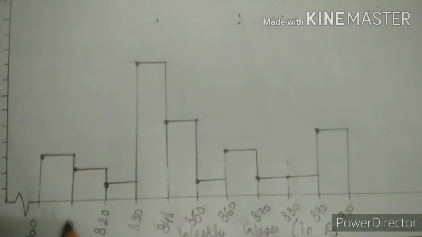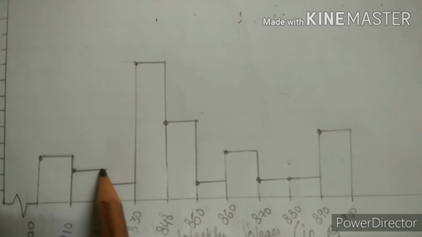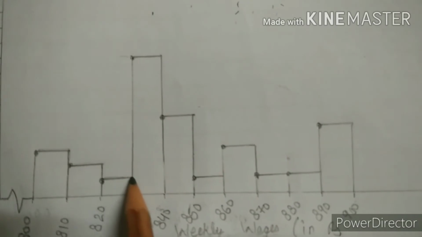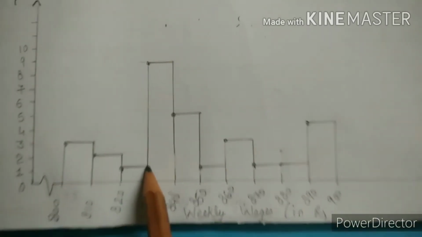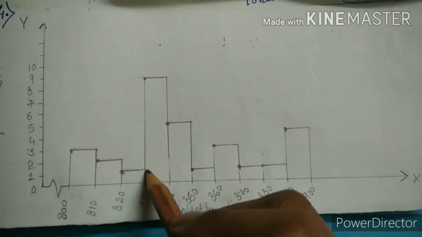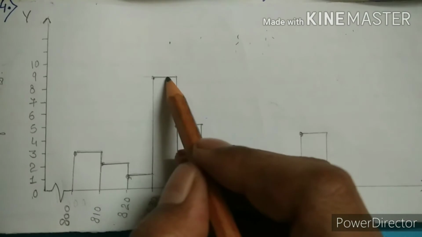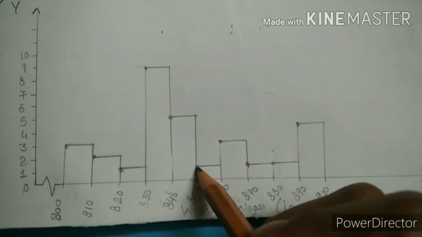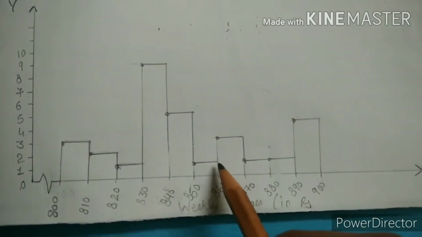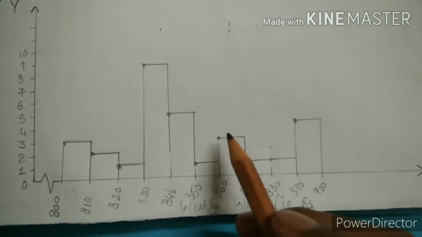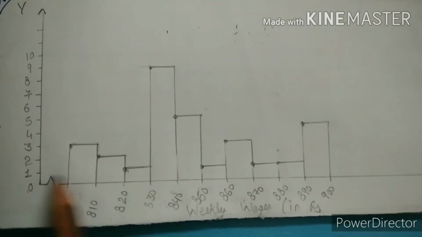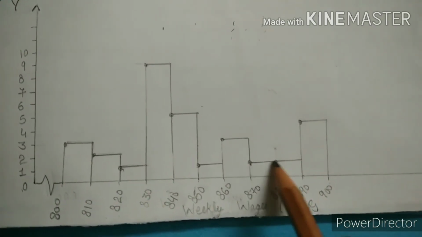Now 810 has 2, so we started from 2, and went till the 820 point. फिर 820 के पॉइंट से चलेंगे तो कहाँ तक जाएंगे, 830 तक. 830 का पॉइंट कहाँ तक है, 9 तक है, तो ये लाइन को 820 के पॉइंट को 830 से जोड़ देंगे. 830 का बार चलेगा तो कहाँ तक जाएगा, 840 के पॉइंट तक. 840 का पॉइंट चलेगा तो 850 के पॉइंट तक. 850 का पॉइंट 860 की लाइन तक. 860 की लाइन 870 तक. 870 has 1 and 880 also has 1, so it will continue going on.